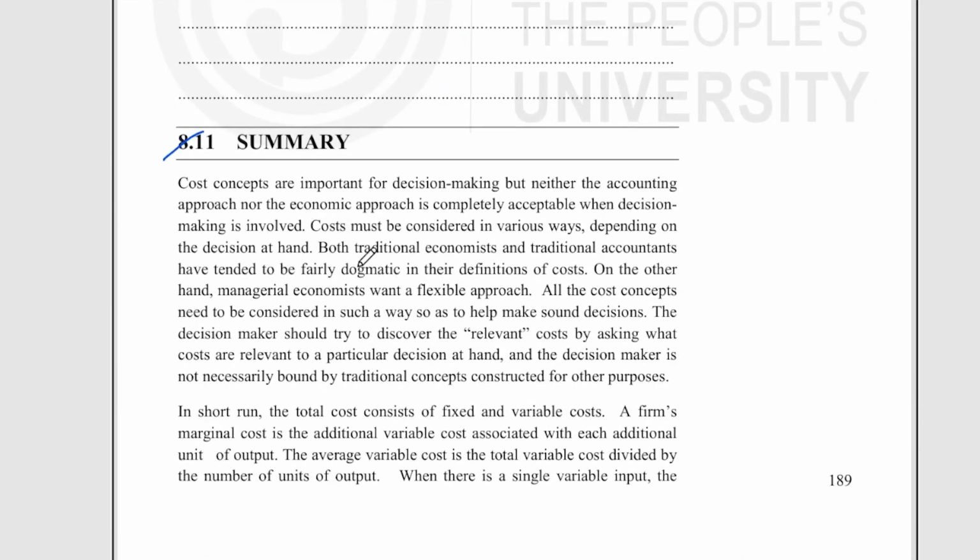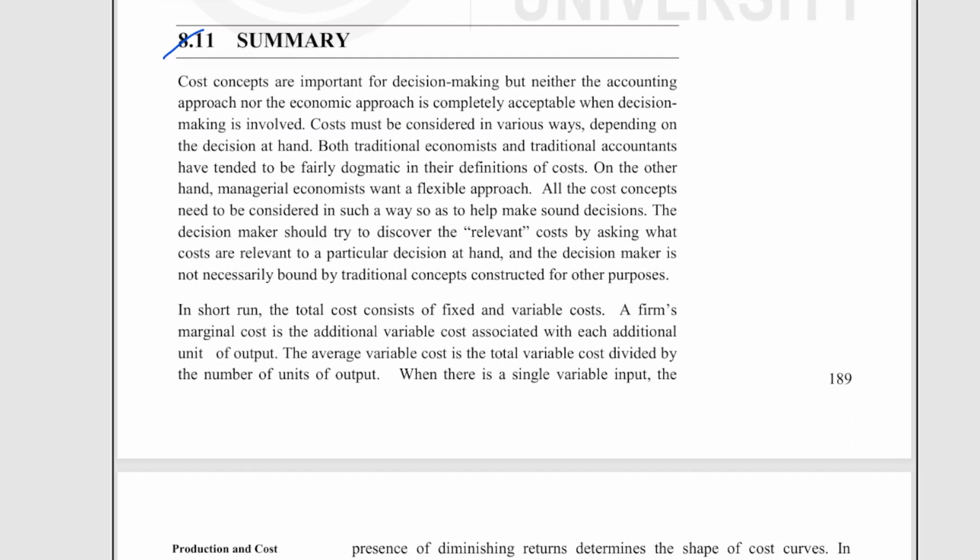And this is the summary of this unit. Cost concepts are important for decision making, but neither the accounting approach nor the economic approach is completely acceptable when decision making is involved. Cost must be considered in various ways depending on the decision at hand, and both traditional economists and traditional accountants have tended to be fairly dogmatic in their definition of cost.